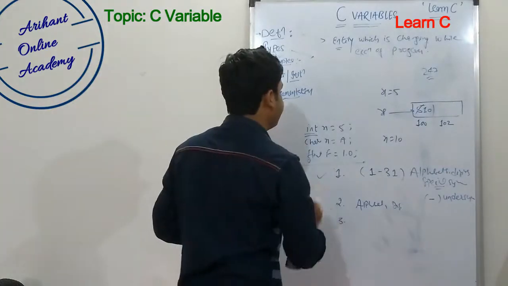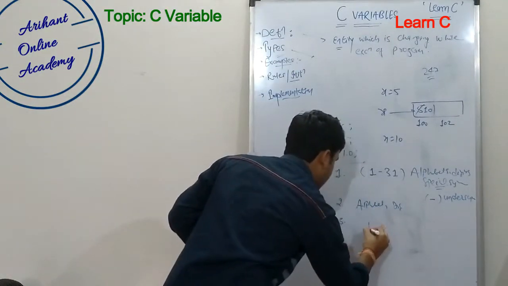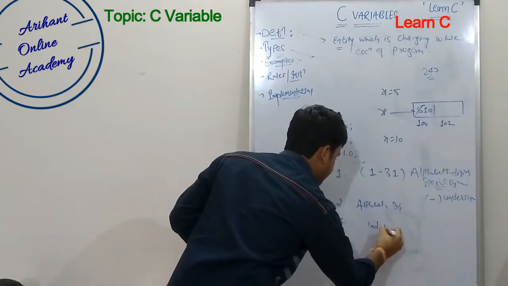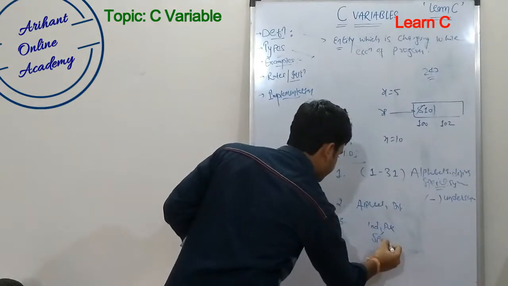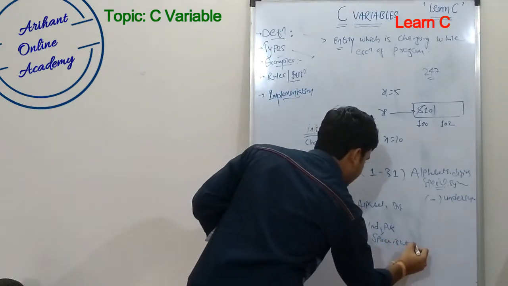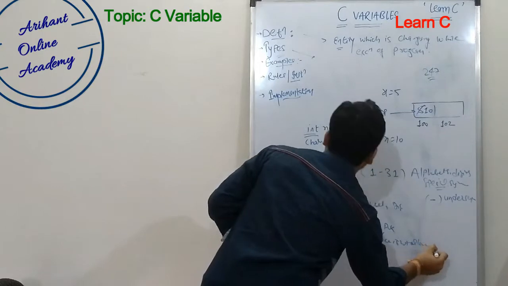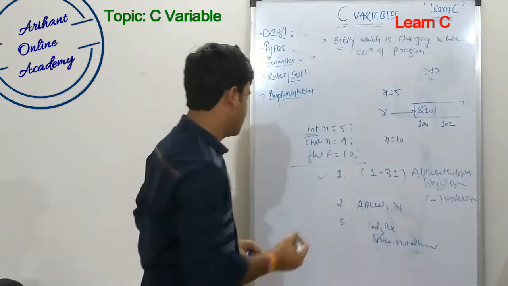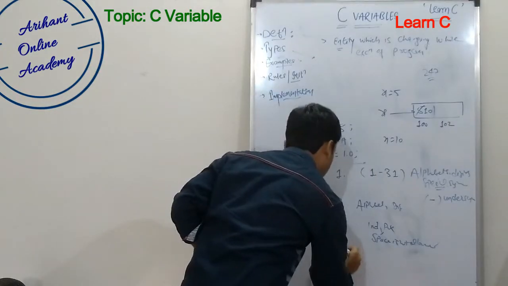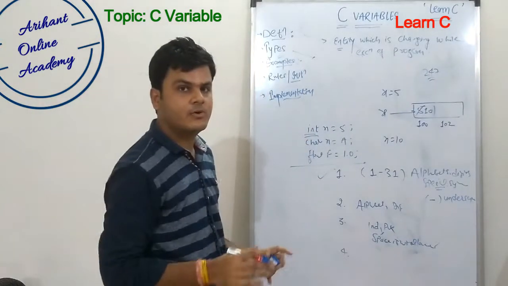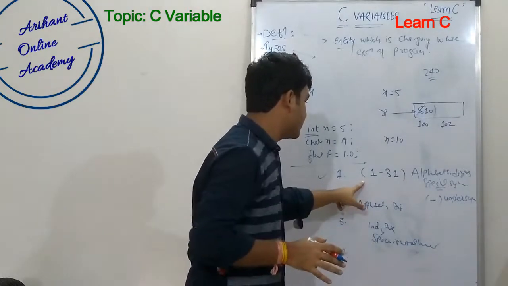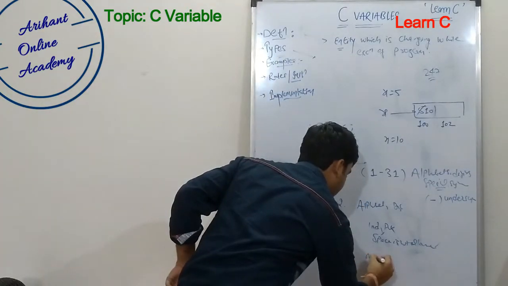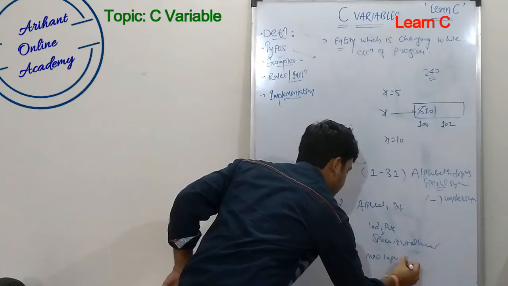Suppose you are creating a variable name like IND, then a space, then EAK. Space is not allowed in C variables. Similarly, the fourth rule is that the maximum length should be 31.